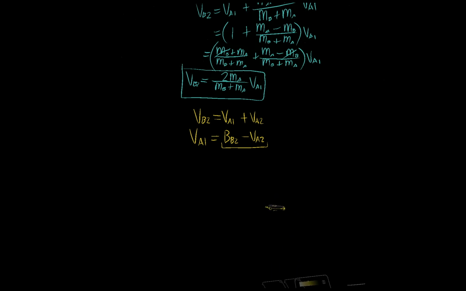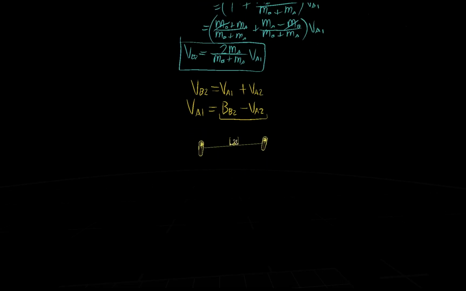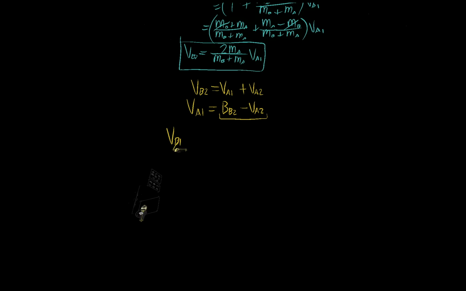So if B is moving before the collision, the expression becomes VB2 minus VA2 is equal to the inverse of VB1 minus VA1.